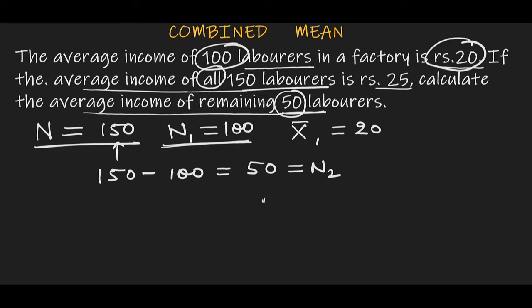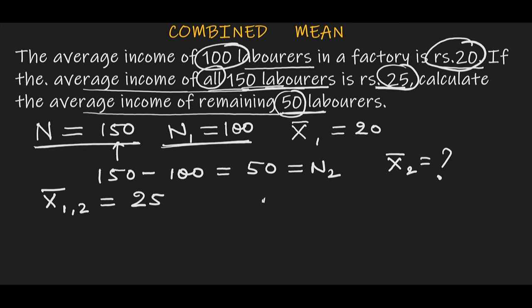And for this N2 we have to calculate mean 2. This is the question. And the combined mean in this question is 25 because all 150 workers have average income of rupees 25. So here in this question we are given combined mean which is 25. So now we have to calculate mean 2.